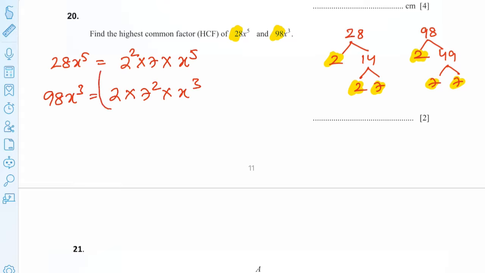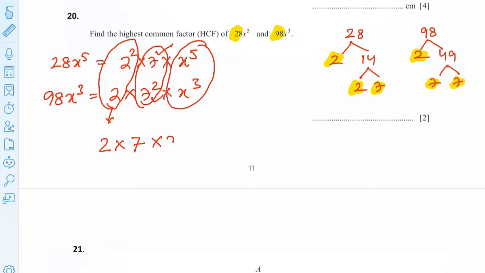Here we have 2 and 2, so take the minimum, which is 2. 7 and 7 are in common, take the minimum: 7 once, since one has 7 once and the other twice. x power 5 and x power 3, I will take the minimum, that is x power 3. So the answer, the HCF, should be 14x power 3.